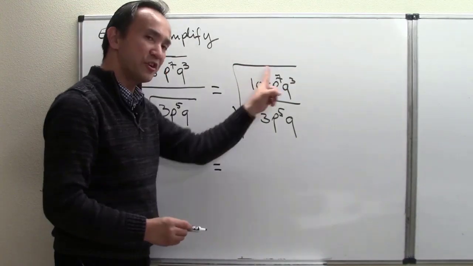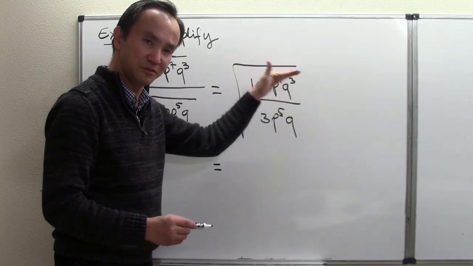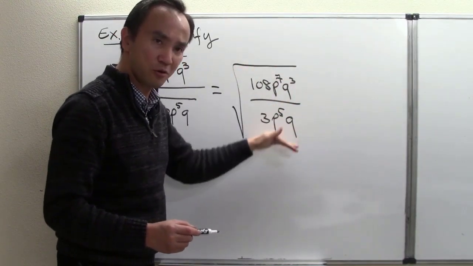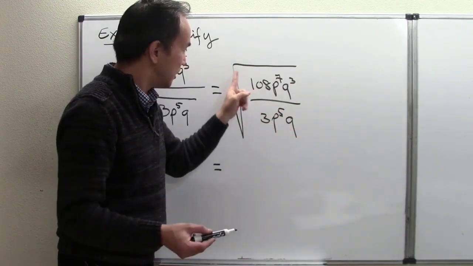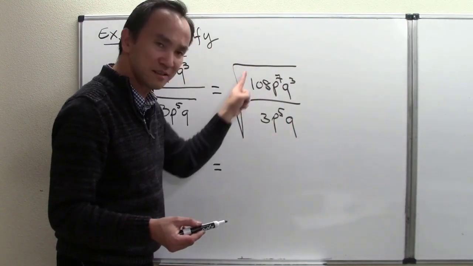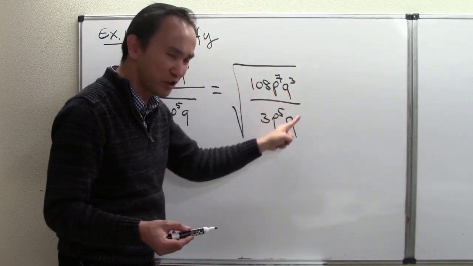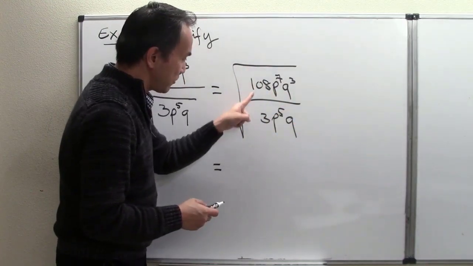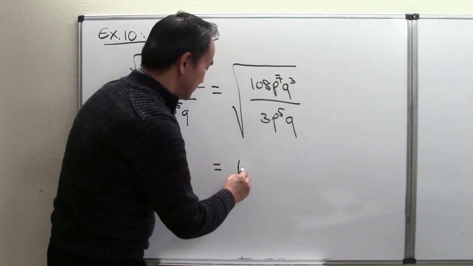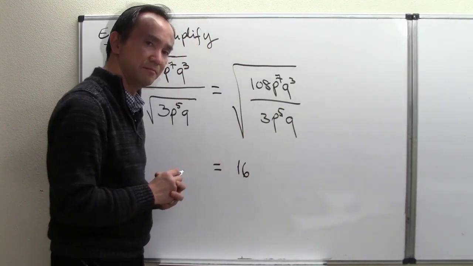The order of operation now says let's simplify, and this is completely doable for anyone. Without paying attention to the square root for now, and only paying attention to the quotient inside, 108 reduces by 3, and that makes it 36.